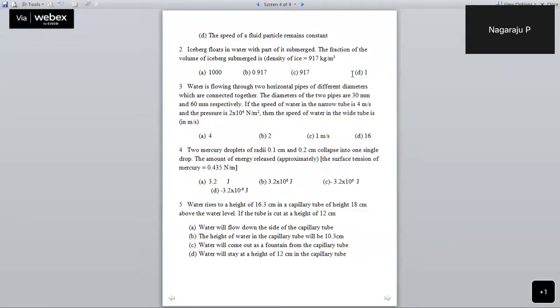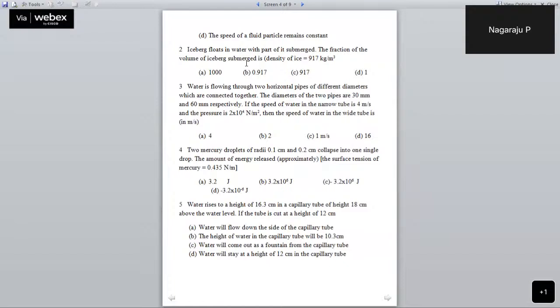And what you have to write, the question says the fraction of the volume of iceberg submerged. If you call it x, the submerged portion is nothing but x, then you have to divide the density of iceberg with respect to density of water.